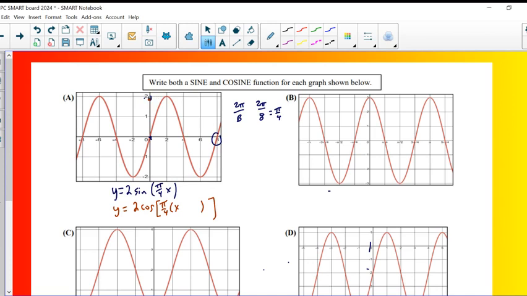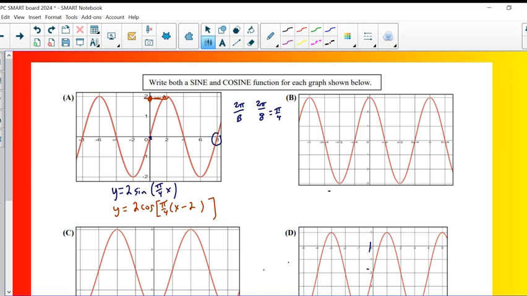Cosine normally starts up here, and I want it to start to the right by a quadrant value, or by 2. So I'm going to shift that to the right 2 units. Now, sometimes students accidentally try to take the current graph and push it back to the start of a cosine. Don't do that. Don't make this graph into a cosine graph. Choose a cosine equation to get this graph.